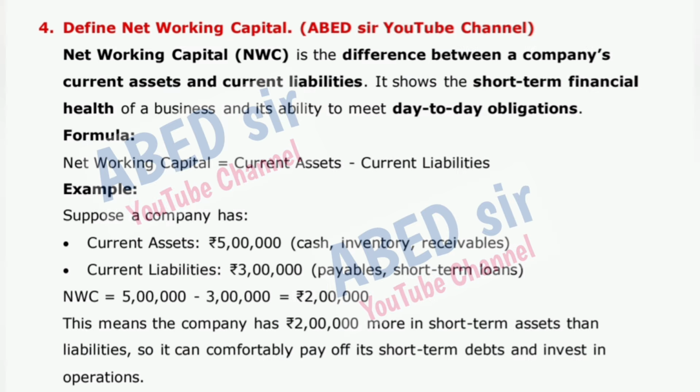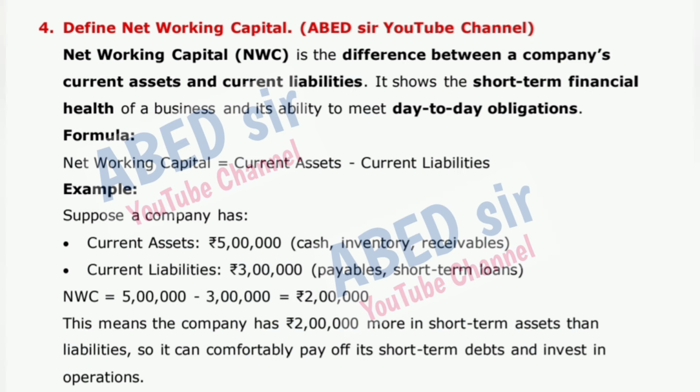Example: suppose a company has current assets of 5 lakh rupees, cash, inventory, receivables, and current liabilities of 3 lakh rupees, payables, short-term loans. NWC is equal to 5 lakhs minus 3 lakhs, which is equal to 2 lakh rupees.